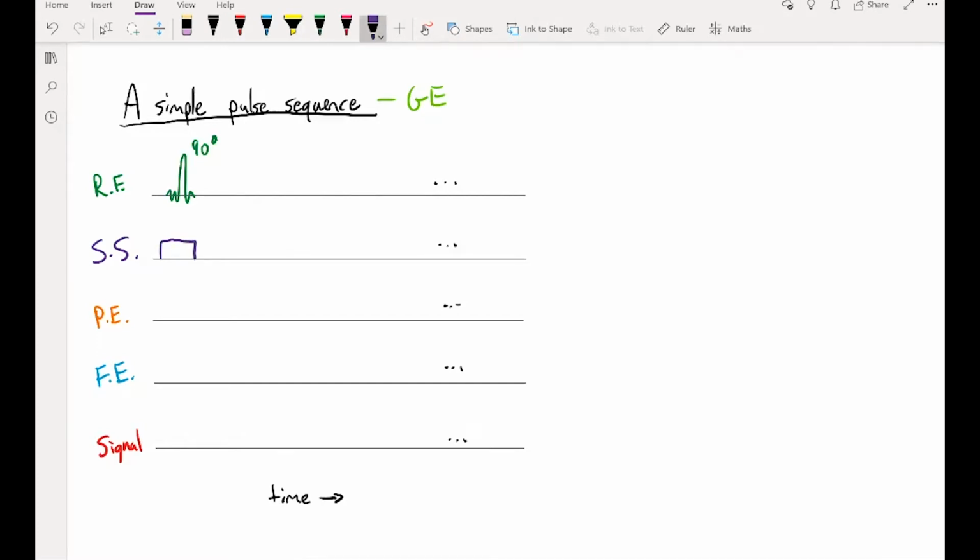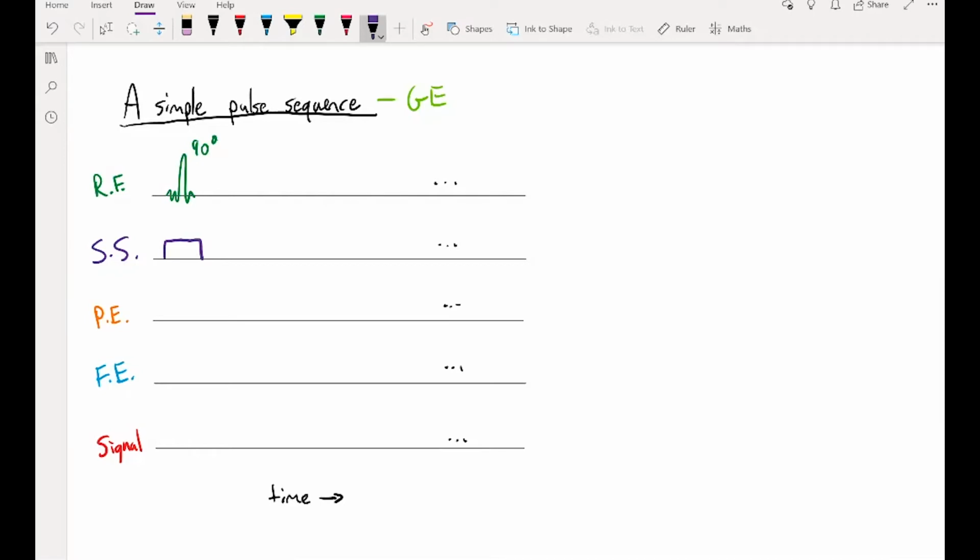The x-axis on this graph is time, as I've got drawn at the bottom here, and the y-axis here that I'm drawing on is essentially the amplitude of the gradient, which is kind of arbitrary. I'll use amplitude a couple ways during these pulse sequence diagrams, but essentially it's just my choice of how tall I want these boxes to be.